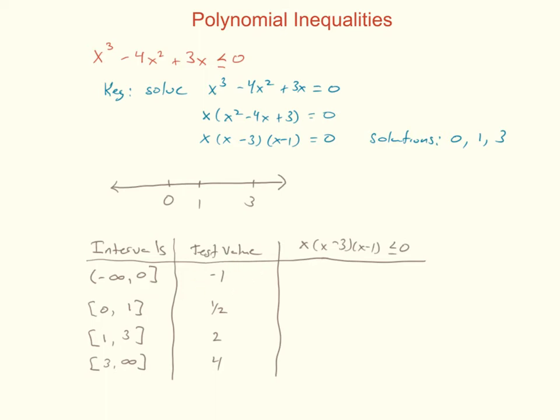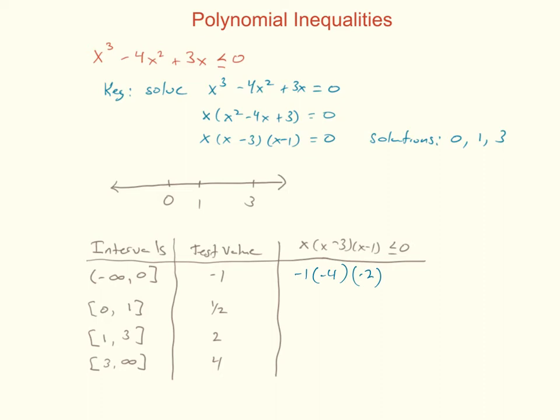From 0 to 1, I don't have a choice. I have to use fractions, so I use 1/2. From 1 to 3, I could use 2. And from 3 to infinity, I use 4. And what I'm going to do at this point is just determine, is the inequality true or false? So when I put -1 in for x, I know this is going to end up being -1 times -4 times -2.